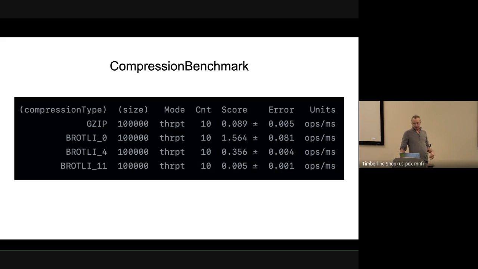Now I've run this benchmark on my laptop, and I've also run this benchmark in the cloud. But I haven't run this benchmark on the actual production hardware that I use at work.